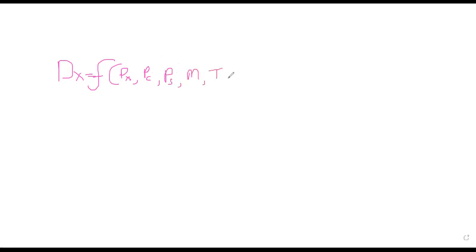So I'll enlist them so that you can guess what they are. Okay, I've given you a hint. So the price of that good, the price of a substitute, and the price of a complement. What else affects demand? M stands for what? That technology. Excellent. Technology also affects.